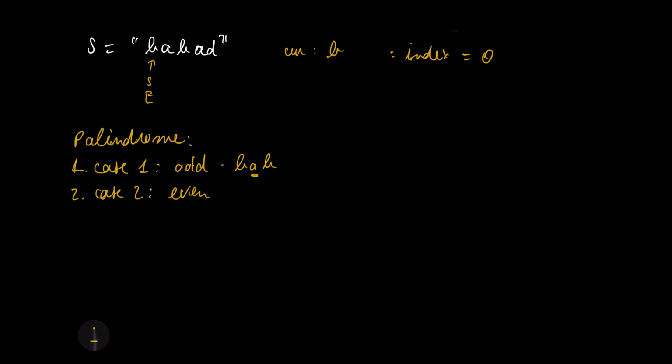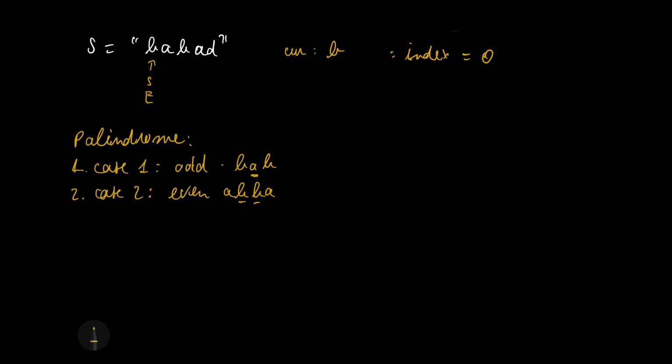We just have one center in the odd case. But in the even case, for example B and B, we have two centers. If we have A, A here, we also have two centers. So palindromes separate into two cases, and we will need to check both cases.